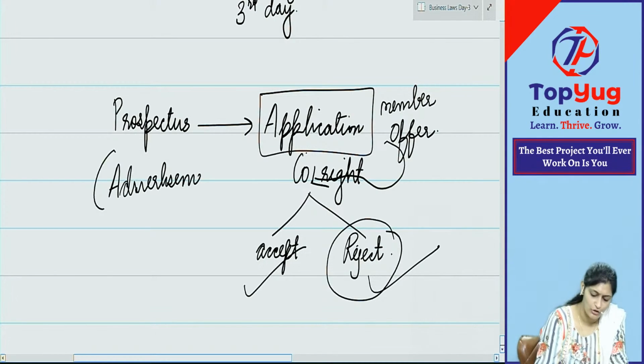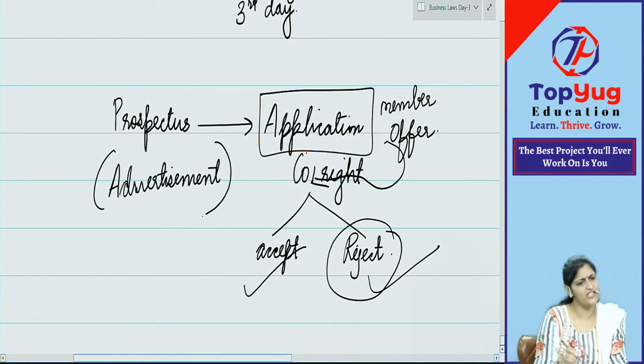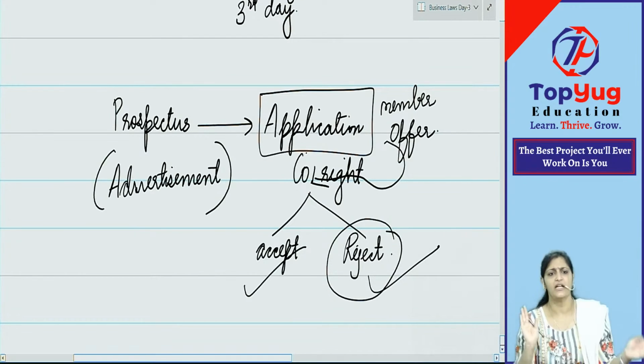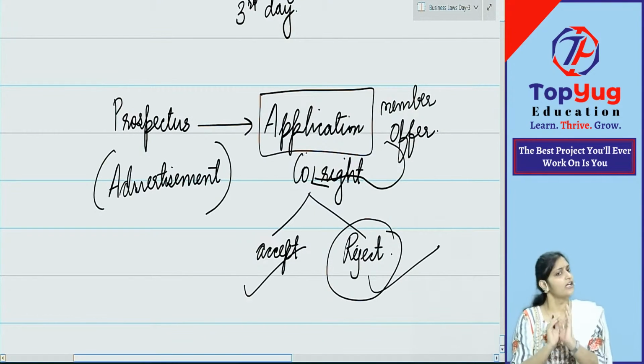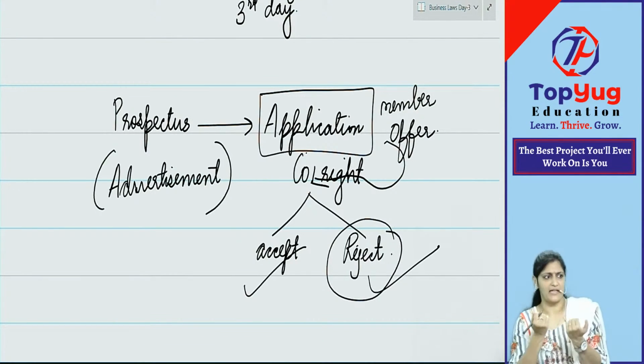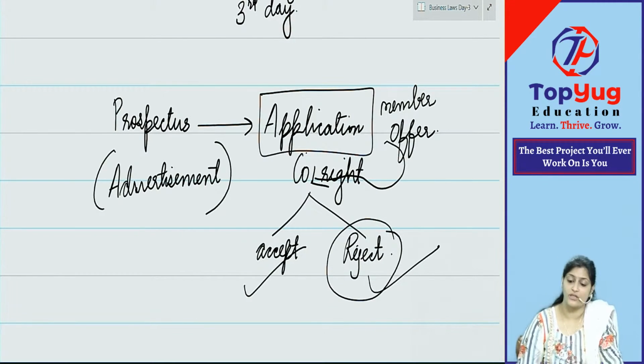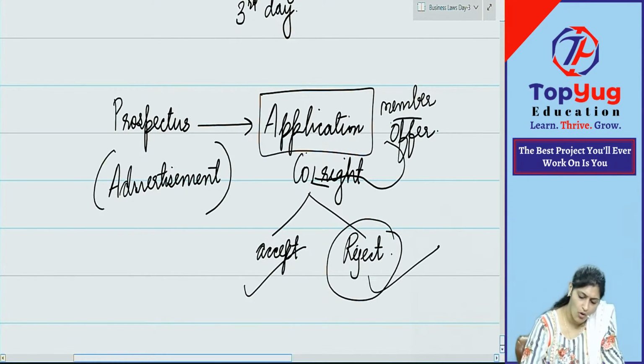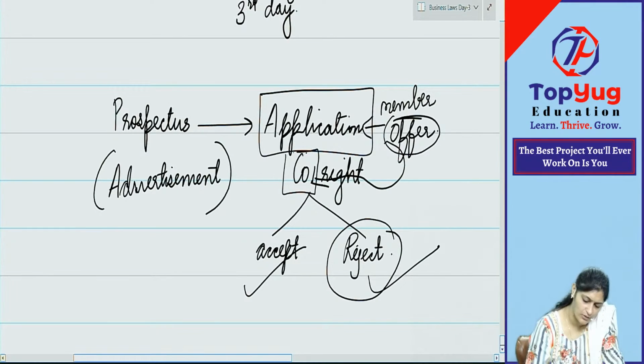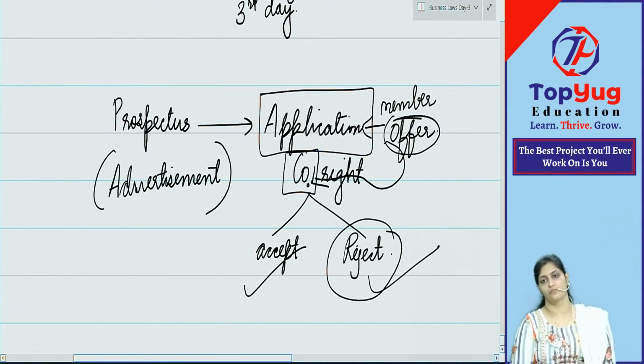It is not considered to be an offer. It is just an advertisement of the company, saying that if you want, you can come to our company and invest in our company. But the applications you get are considered to be offers. These applications are offers, and the right to accept or reject is given to the company.